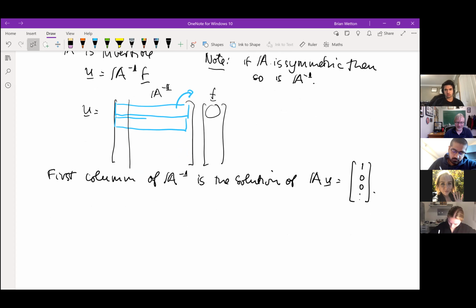And of course, then the other columns are the solution of the system with other standard basis vectors.